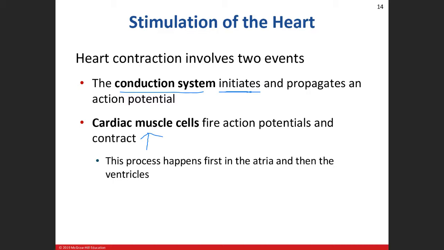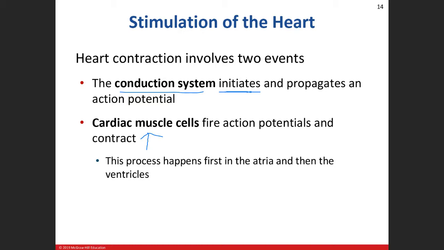And remember how the action potential in skeletal muscle would wash across the sarcolemma, find the T-tubules and go down into the T-tubules, and then open up the voltage-gated calcium channels of the sarcoplasmic reticulum, releasing calcium, causing the cross-bridging, causing the contraction. That process of the action potential causes depolarization. What follows depolarization?